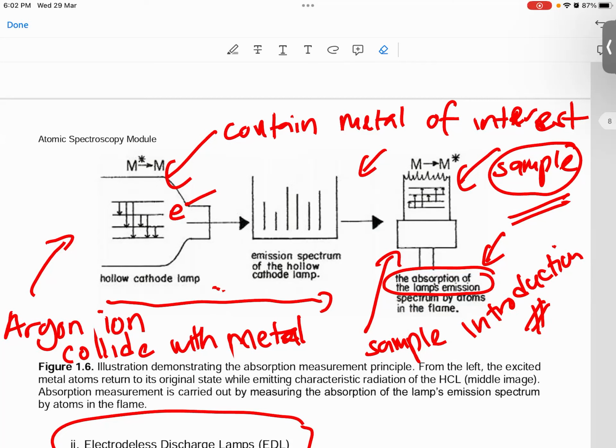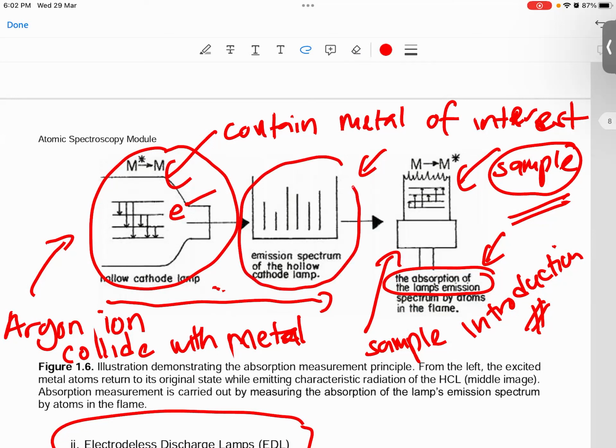If you remember, this is the light source of atomic absorption. The light source, a hollow cathode lamp, will produce an emission spectrum, and that emission spectrum bombards the sample.